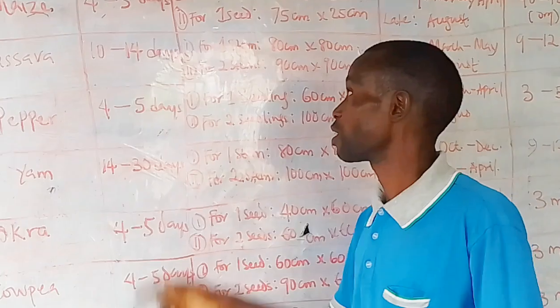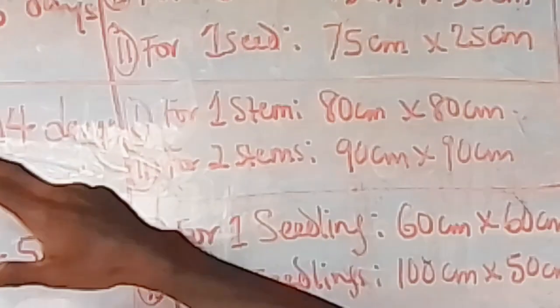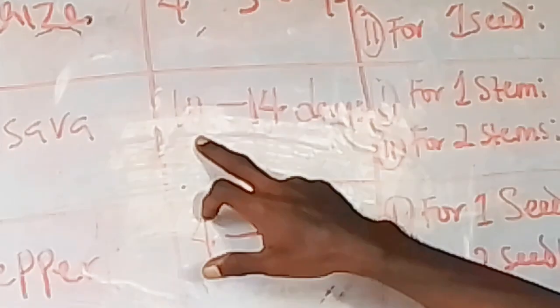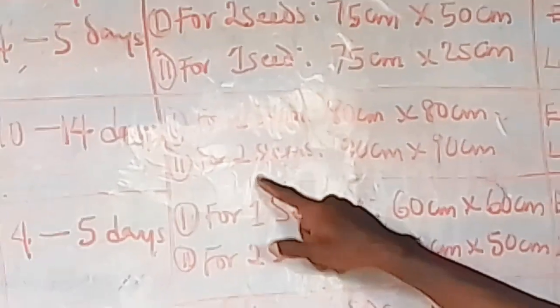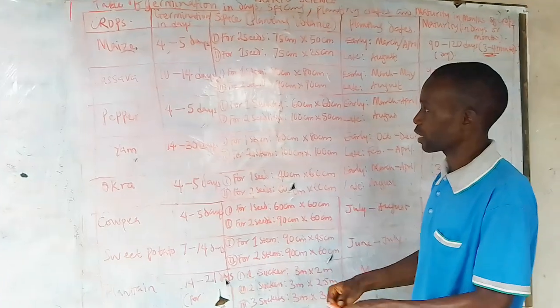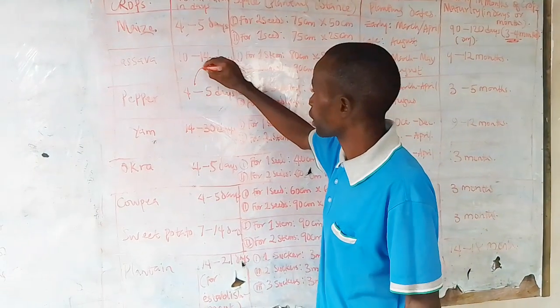And then when you cut one stem, it takes between 80 centimeters to 55 centimeters. This will take like 10 to 14 days to sprout. Sprouting means germination. If you use 2 stems, one on this side, one on the other side, you have a mound like this.